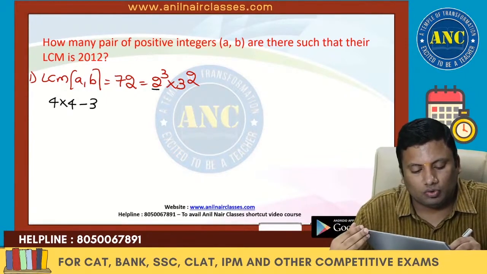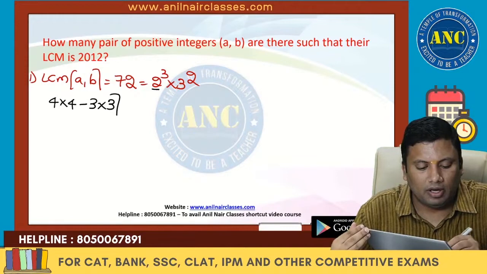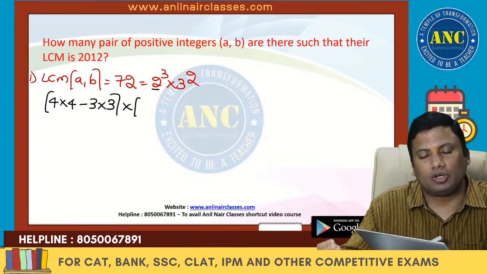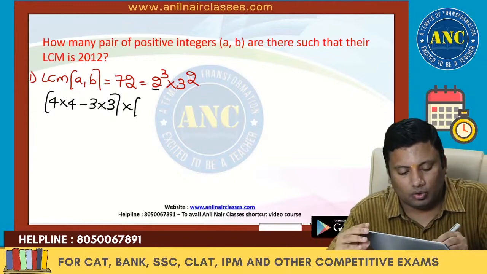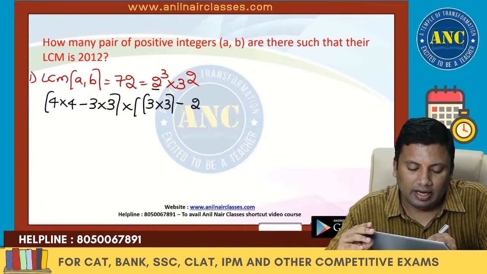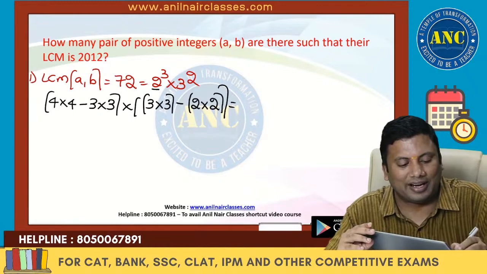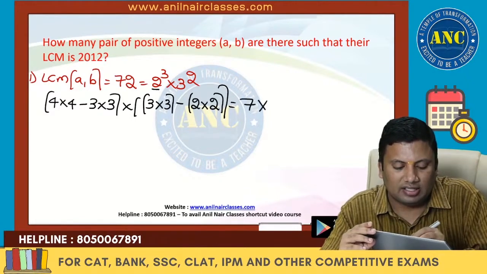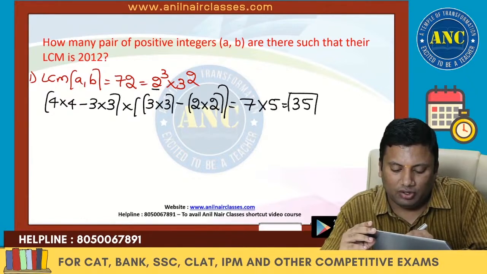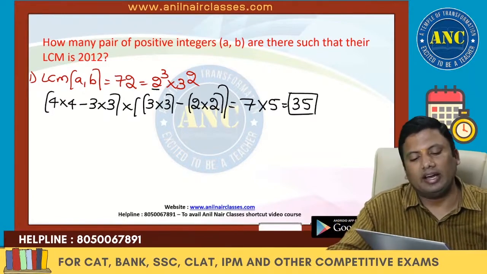A can take 0 to 2, 3 cases. B also can take 0 to 2. For 3 power 2, A can take 0 to 2, 3 cases. B can take 0 to 2, 3 cases. Similarly, write 0 to 1, 0 to 1. I hope you see how it works in a single step. 16 minus 9 is 7. 9 minus 4 is 5. 35 pairs it will take.